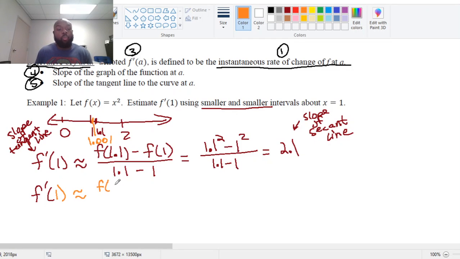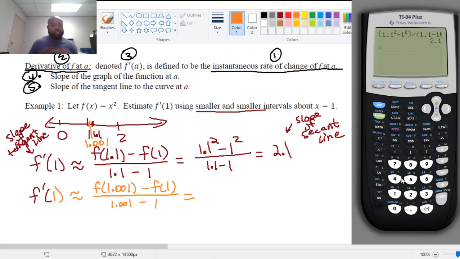And so since I'm going from 1 to 1.001, I put that into my average rate of change formula. I go to my calculator. Let's put these values in.